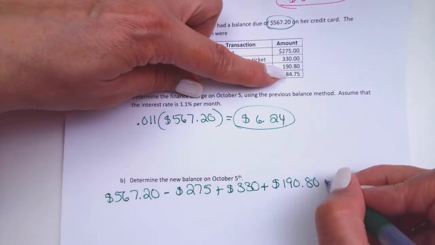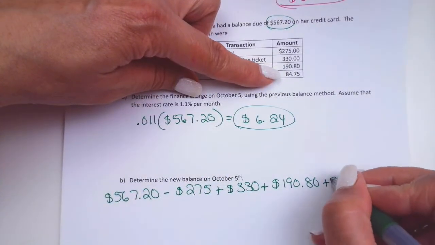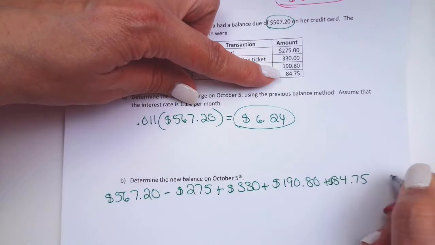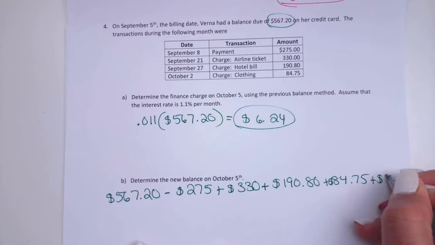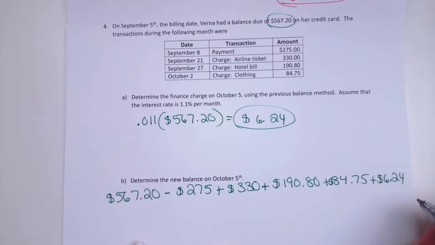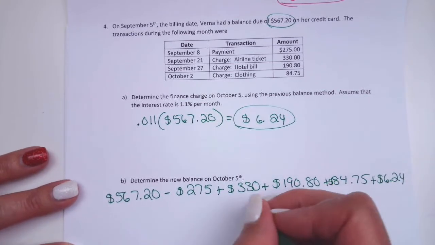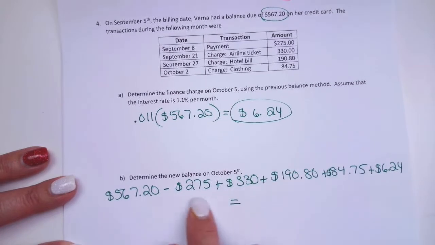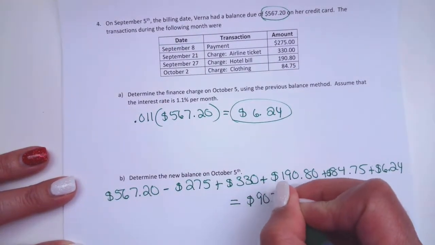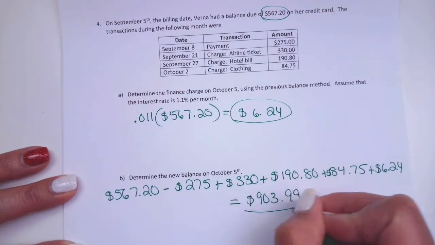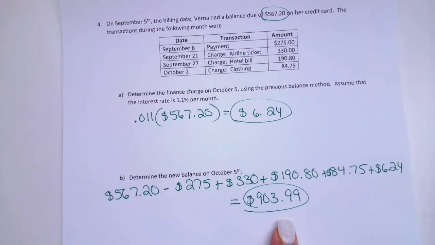So that's before October 5th. That is $84.75. And then on October 5th, the $6.24 were added. So when we add, and of course we subtract the payment, we get $903.99 as her balance.